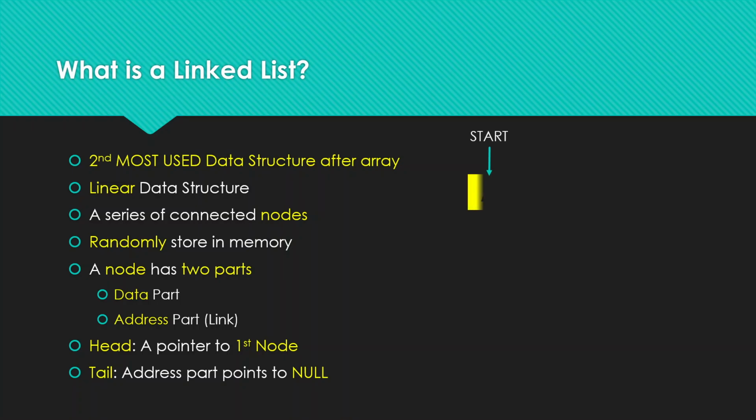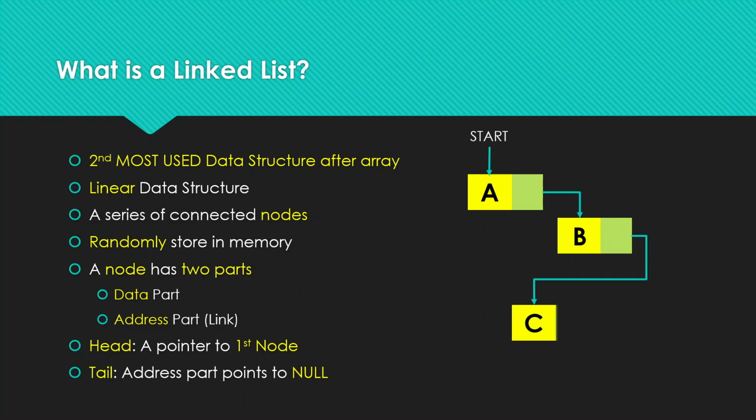If you can just see this animation, this is how a linked list looks like. These are nodes, and the nodes have two parts. You can see the yellow part has stored some data, for example, A, and the light green part there is the address part, which points to the next node, which stores B, then points to the next node, which stores C, then points to the next node, which stores D. Then D does not point to any other node, so that is the end of this particular linked list.